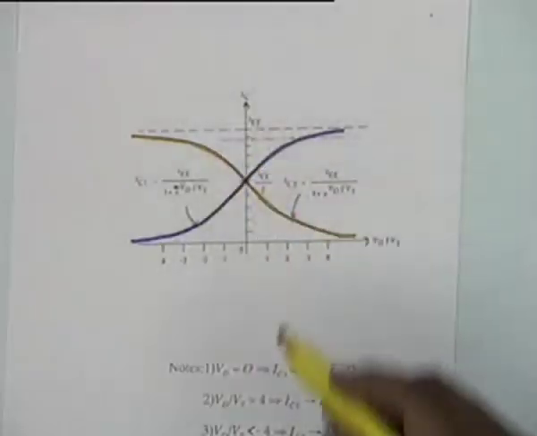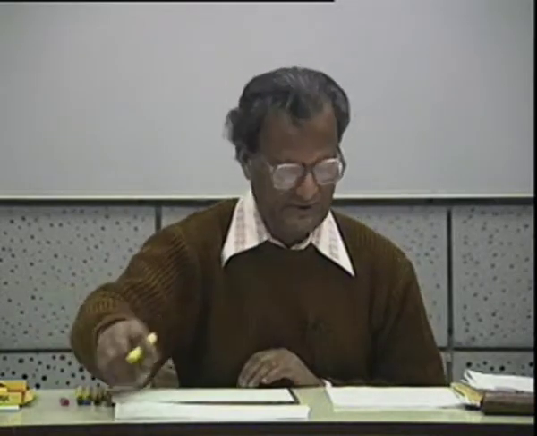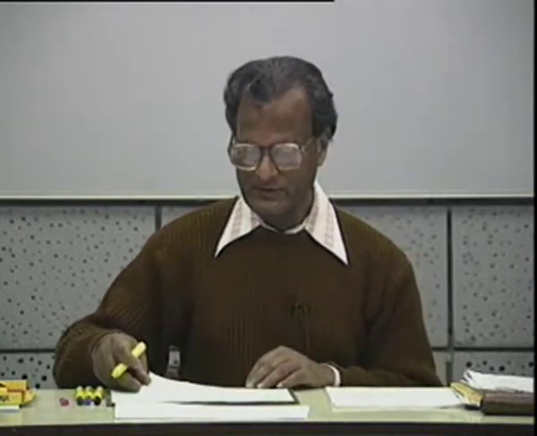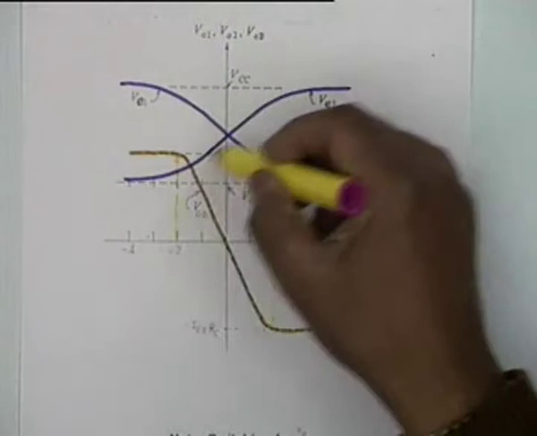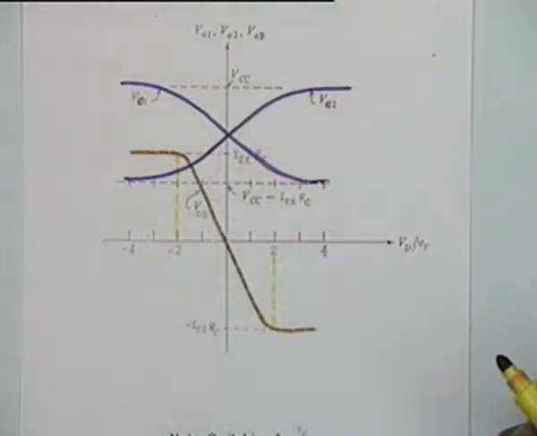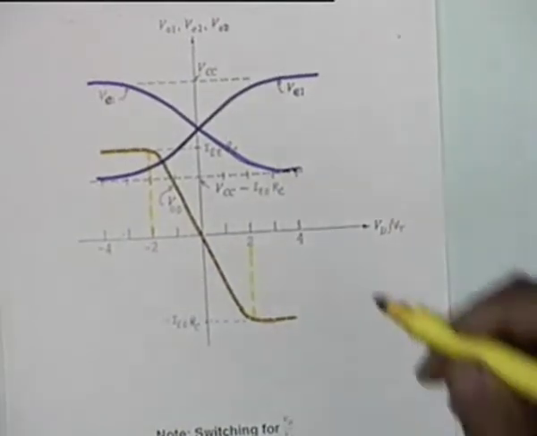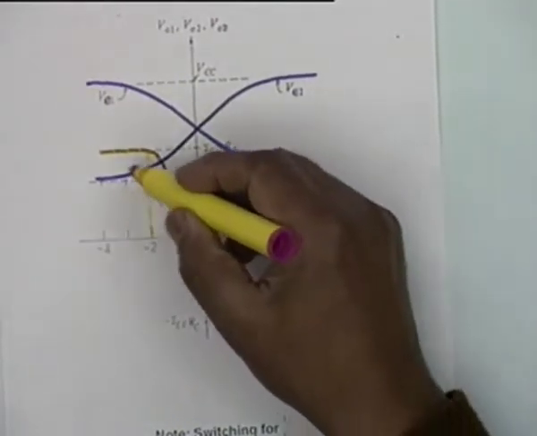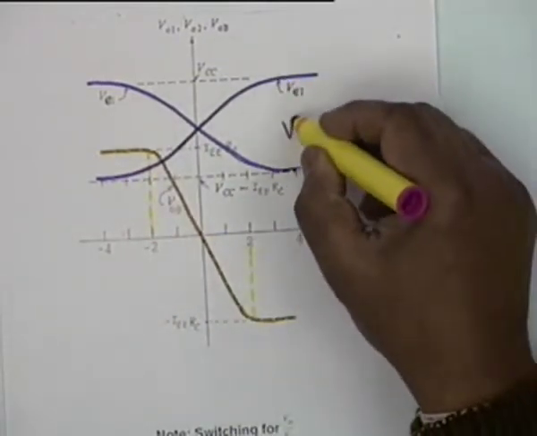From the two current variations we then went to the voltage variations, that is VC1 and VC2, and we showed that VC1 and VC2 vary in this manner. The same type of variation because they are linearly related to I sub C1 and I sub C2, and VOD, which is this curve, is the difference between the two.